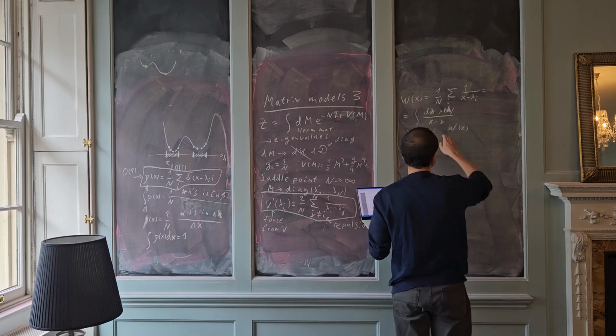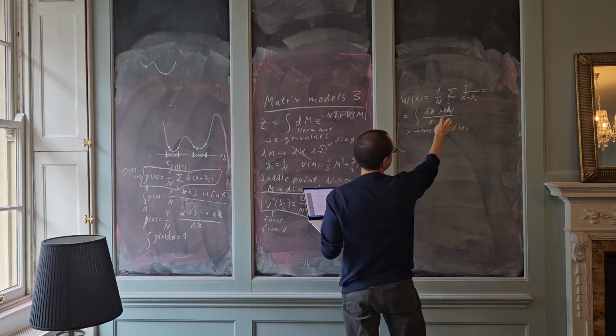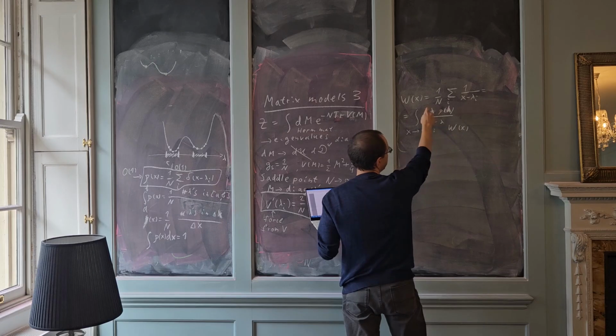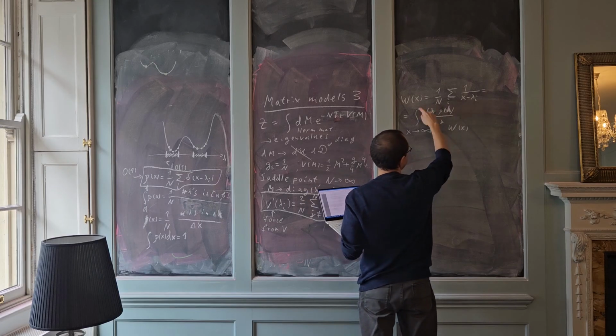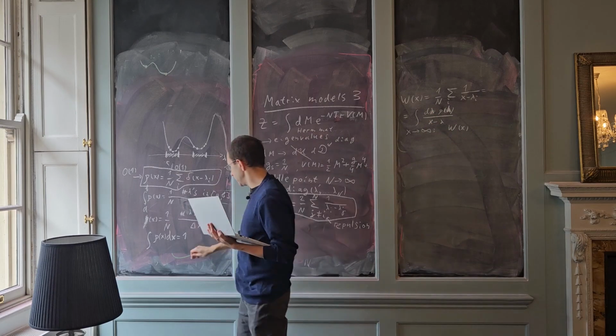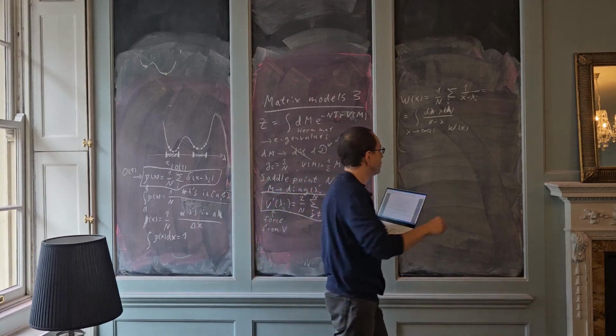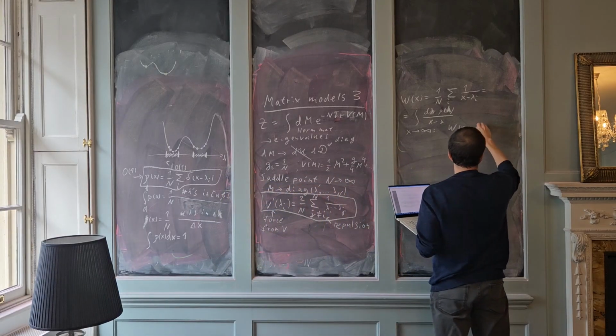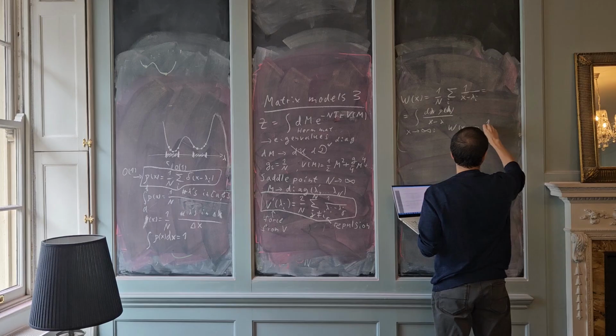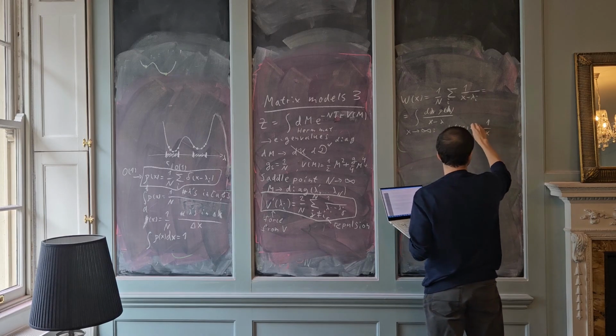No, it's all good. At large x, we just forget about this minus lambda. So it will be equal to the integral d lambda rho of lambda, which we discussed as 1. So it's normalized to be 1 over x, where this coefficient is exactly 1.